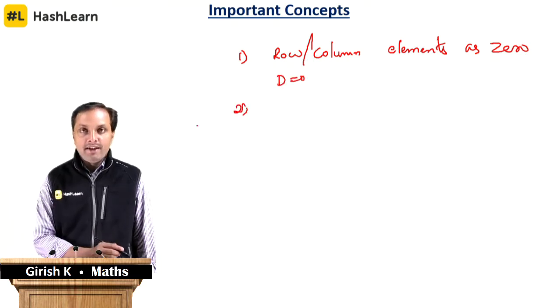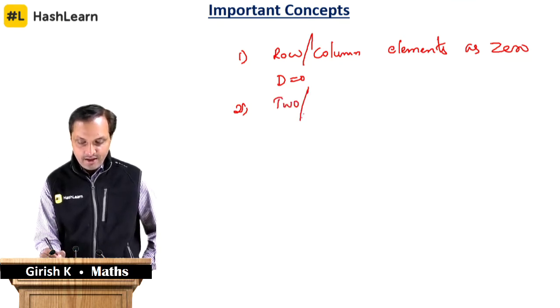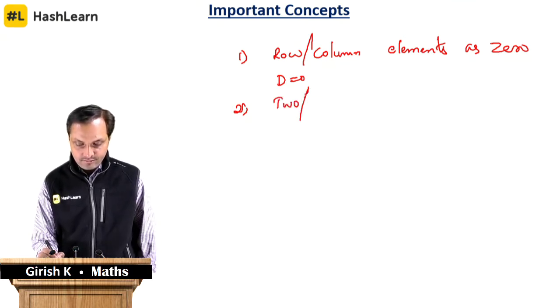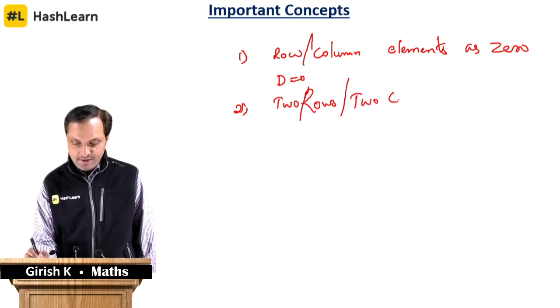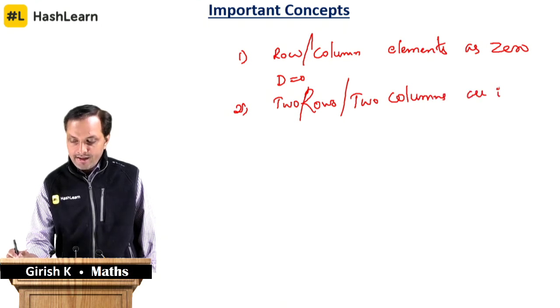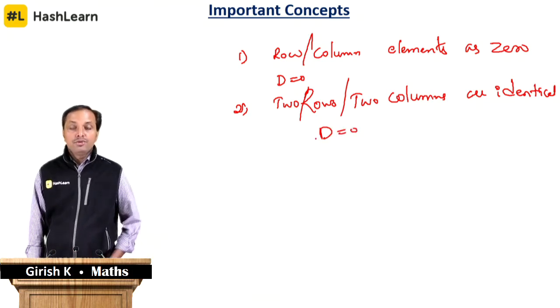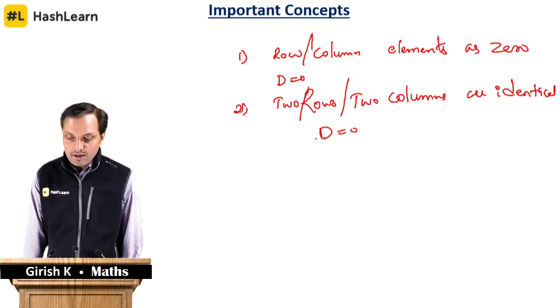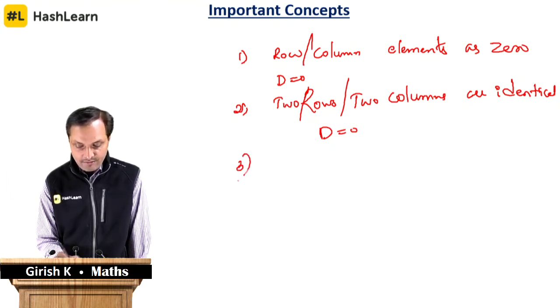The second property: if two rows or two columns are identical, then also the value of the determinant is 0.